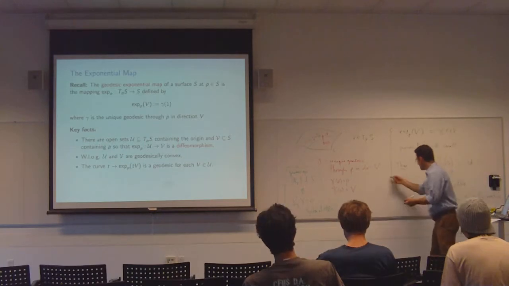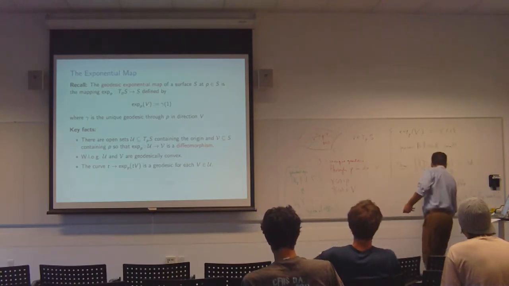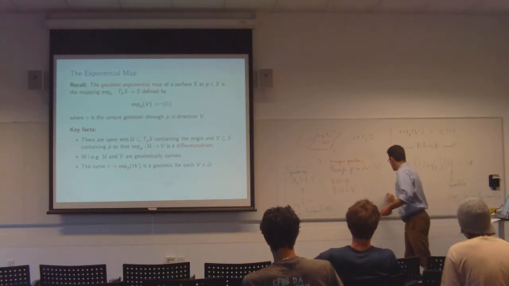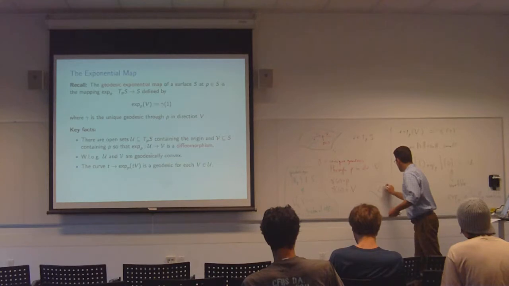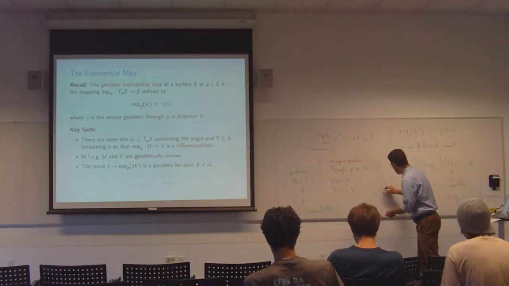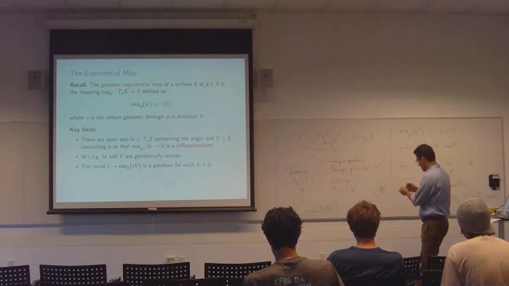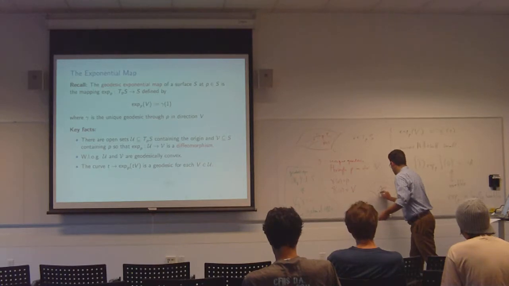And the consequence of that is you have this nice picture. The picture is the surface over here, right? And a point, the tangent plane, and then any direction here now maps onto some point on the surface. Right?